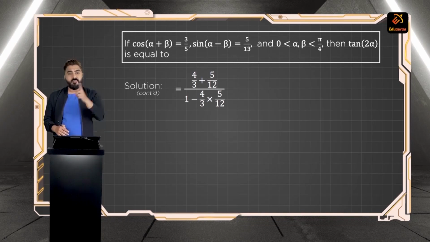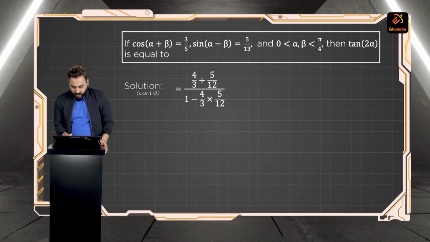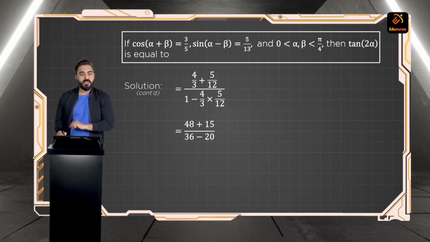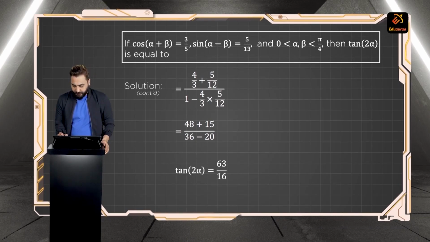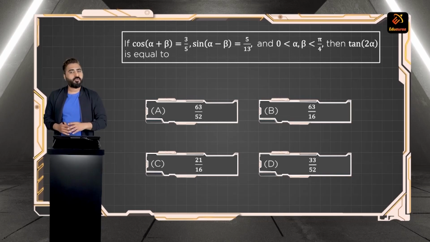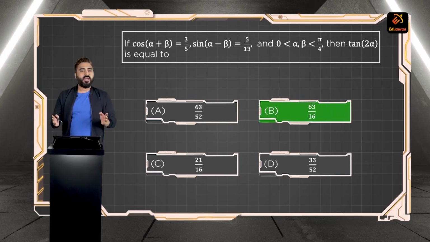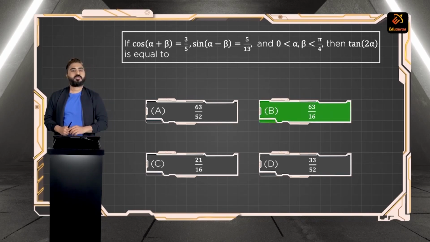So students, when we solve this, we get (48 + 15) upon (36 - 20), which is nothing but 63/16. So the value of tan 2 alpha is nothing but 63/16. That means which option? Option B. And this is how we solve our sum.